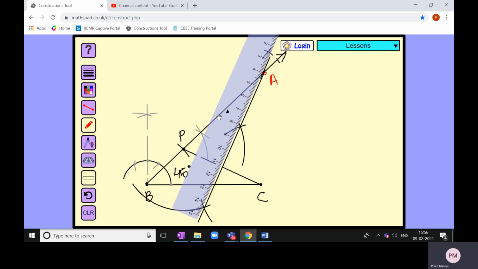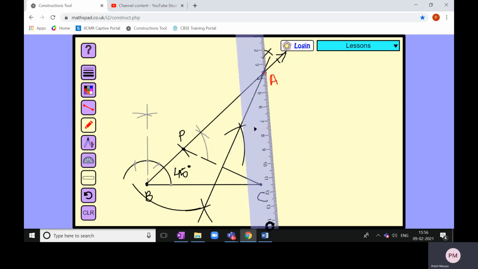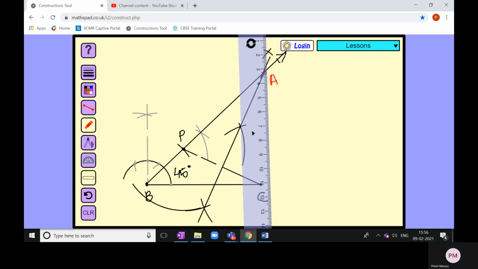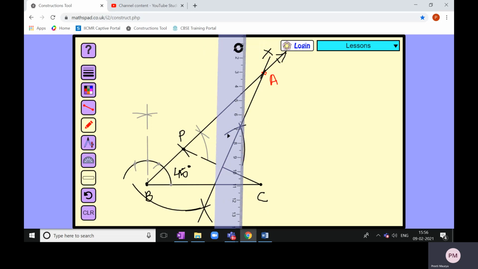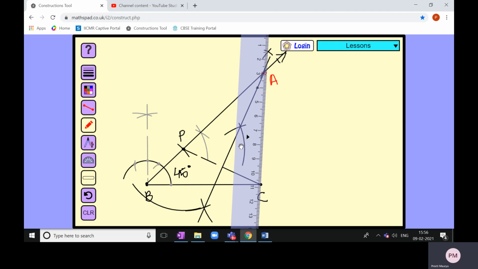And now we will join point A to C, and hence we get the required triangle ABC. So we join point A and point C. We move the scale such that we can join the 2 points A and C. Yes, and here I'm obtaining my triangle ABC such that AB is greater than AC by 3.5 centimeters.